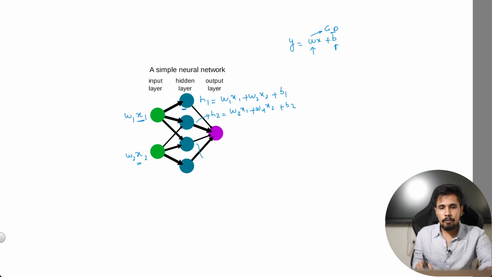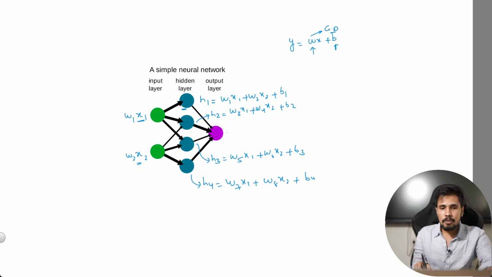For hidden node 3, it is w5 x1 plus w6 x2 plus bias 3. For hidden node h4, it is w7 x1 plus w8 x2 plus bias 4.